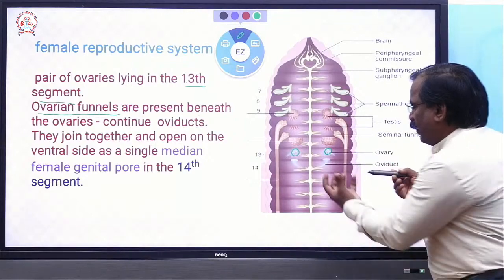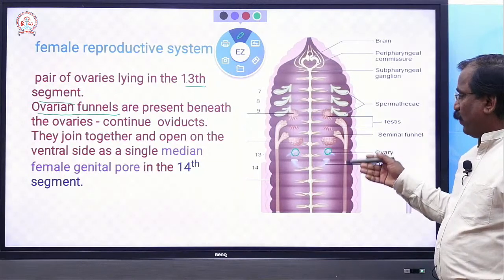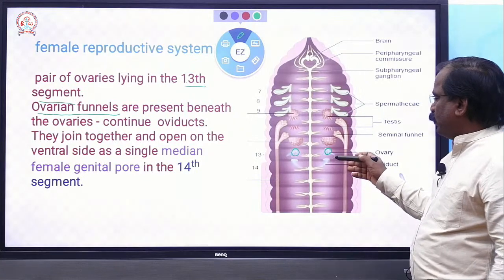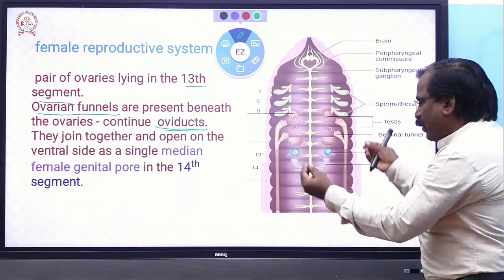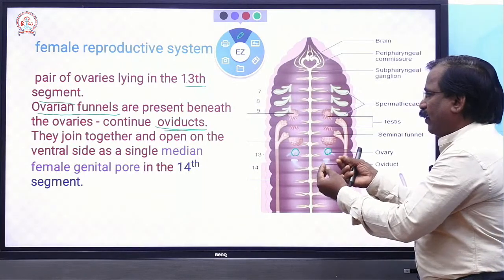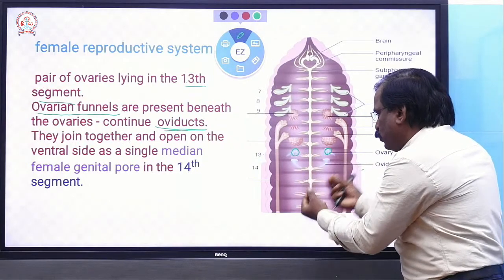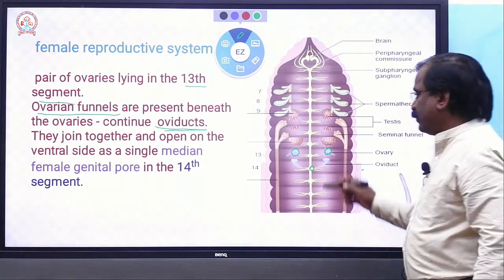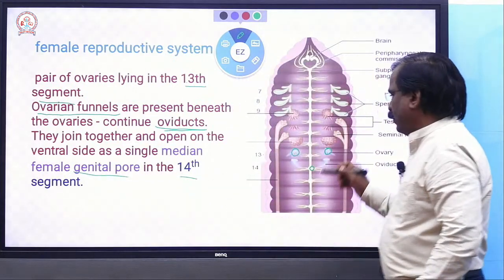It collects the eggs produced by the ovaries, and the two ovarian funnels continue as the oviducts. Both join and open as a single opening, which is called the female genital pore, located in the 14th segment.